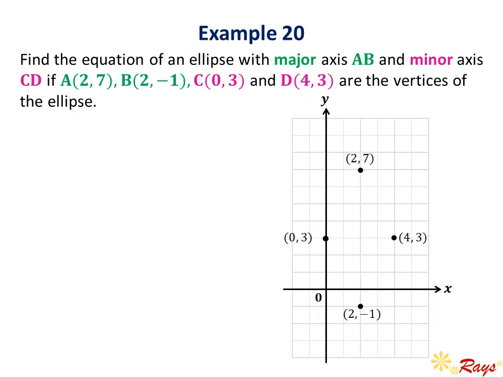So these are our coordinates. It is obvious that our major axis is parallel to the y-axis, and we can see here that this is our center, which is 2, 3. And the value of A, which is the distance from the center to the vertices, is 4, and the value of B is 2.